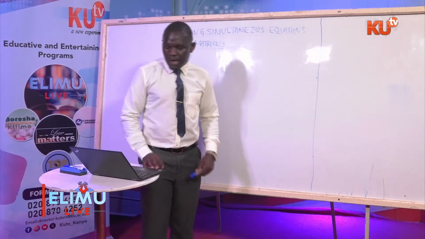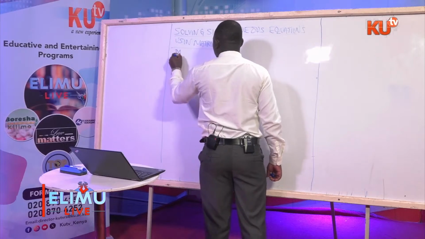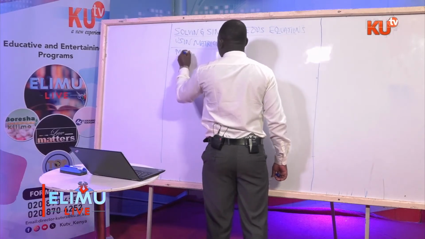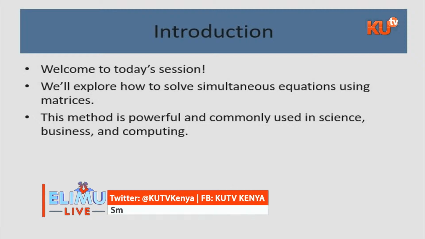Let's look at what a matrix is. What is a matrix, learners? First of all, let's start by defining a matrix. A matrix is simply a rectangular arrangement of numbers in rows and columns.